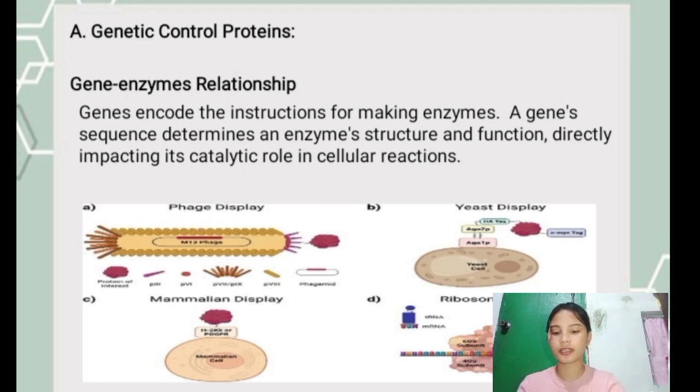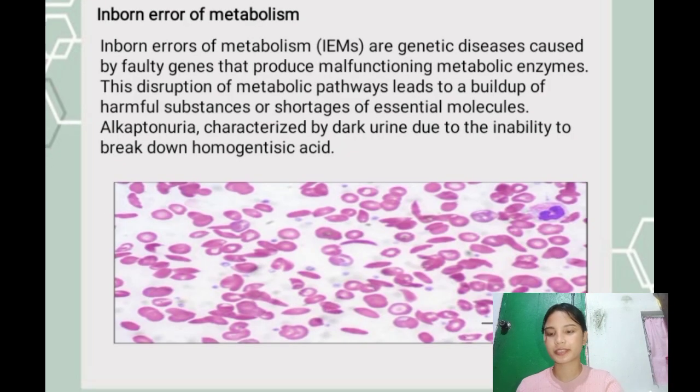Changes in the gene sequence can directly impact the enzyme structure and function, potentially altering cellular biochemistry. Second is inborn errors of metabolism. These are genetic disorders resulting from defects in genes encoding metabolic enzymes.